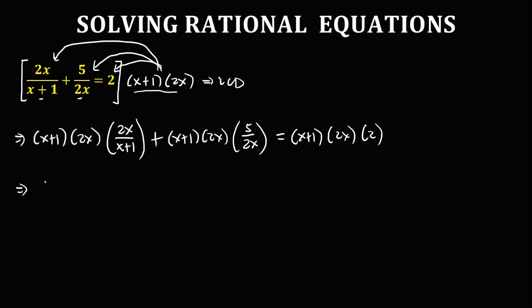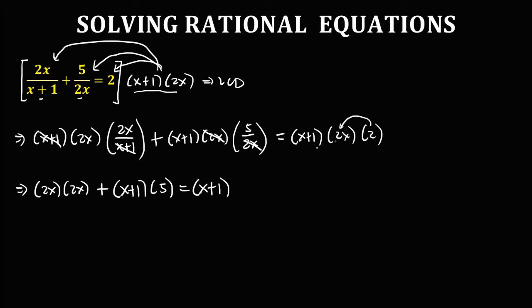Then simplify. Since we can cancel this x plus 1, we have 2x times 2x, then plus, we can cancel this 2x, so we have x plus 1 times 5, then equals x plus 1 times 2x times 2, that's 4x.